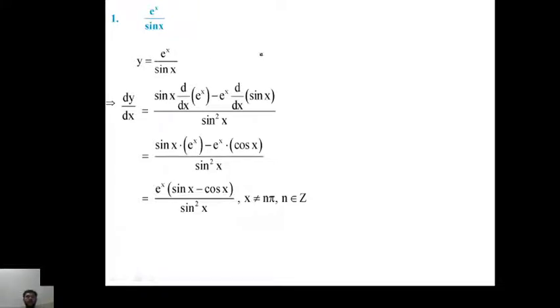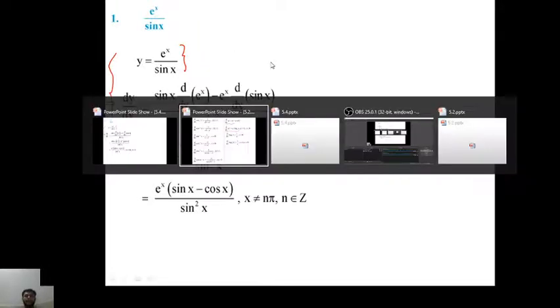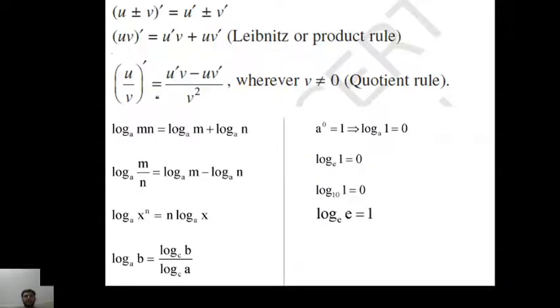Okay, so what we will do, we differentiate with respect to x on both the sides. So differentiation of y with respect to x, that is dy by dx, and here we have to use division rule. Okay, that is your division rule.